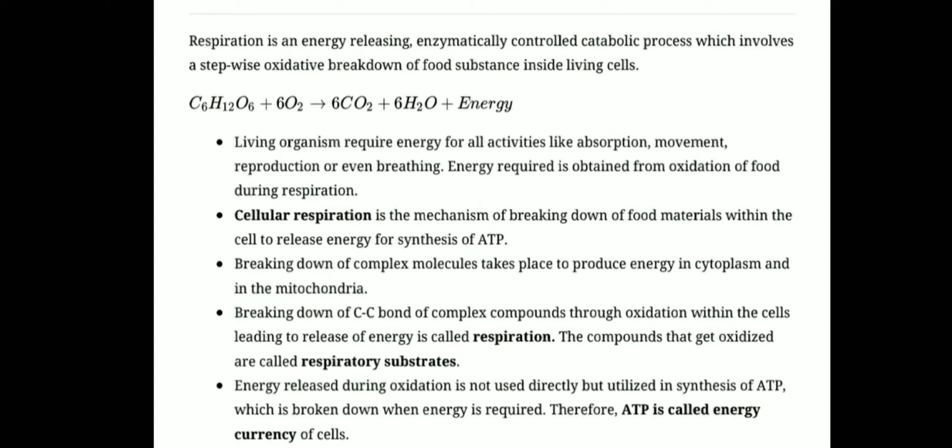Therefore, ATP is called the energy currency of the cell, because energy is stored in the form of ATP, and whenever the cell requires energy, it is released from the ATP. So ATP is a storehouse of energy, so it is called the energy currency of the cell.